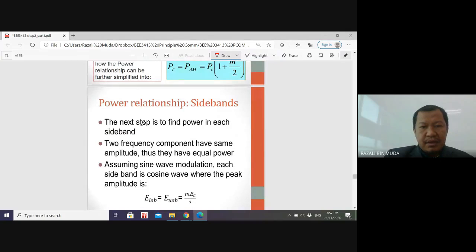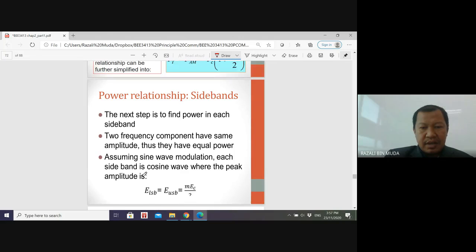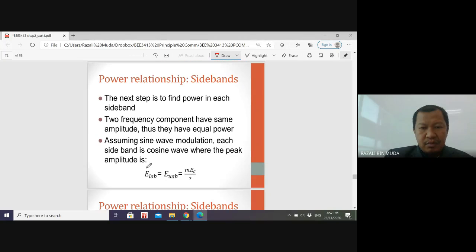Power relationship, sideband. The next step is to find power in each sideband. Two frequency components have the same amplitude, thus they have equal power. Assuming sine wave modulation, each sideband is a cosine wave where the peak amplitude is this one. Okay, so this is over 2, right?